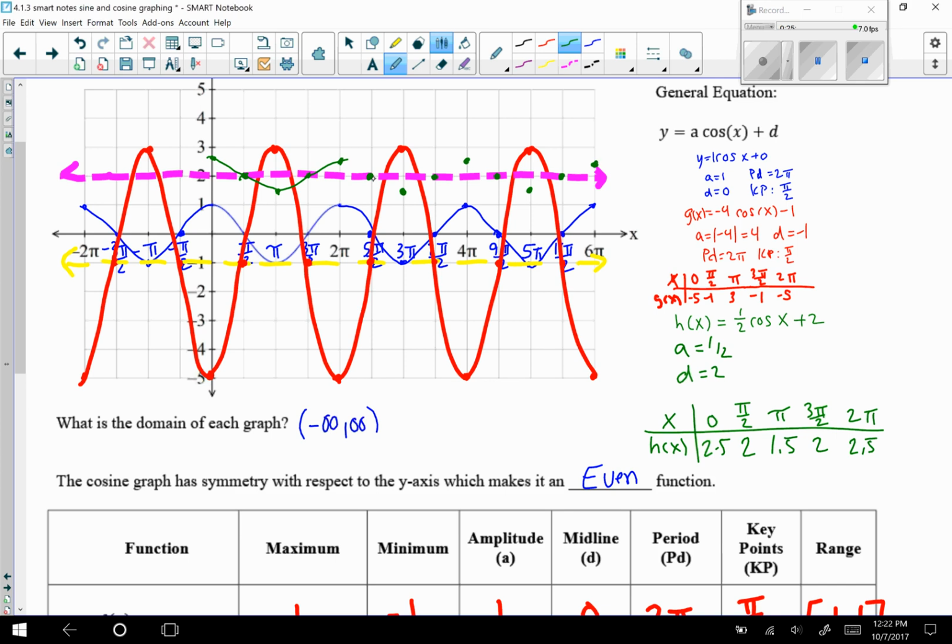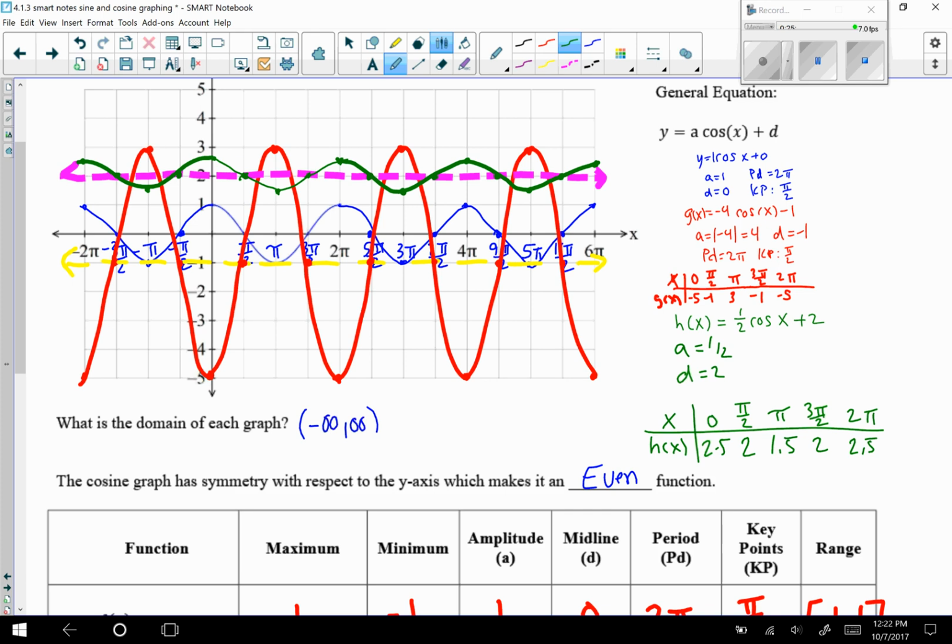So of course I can keep going on my graph, and I can go the negative direction as well. So now I've graphed g of x, and again, you can use your transformations, you can use a table, whatever helps you to graph this.